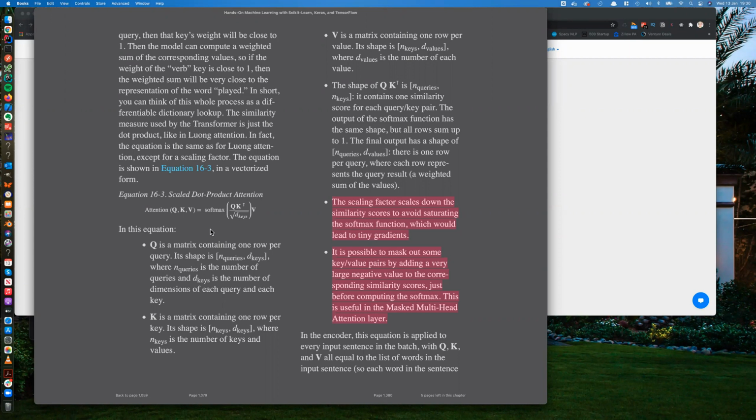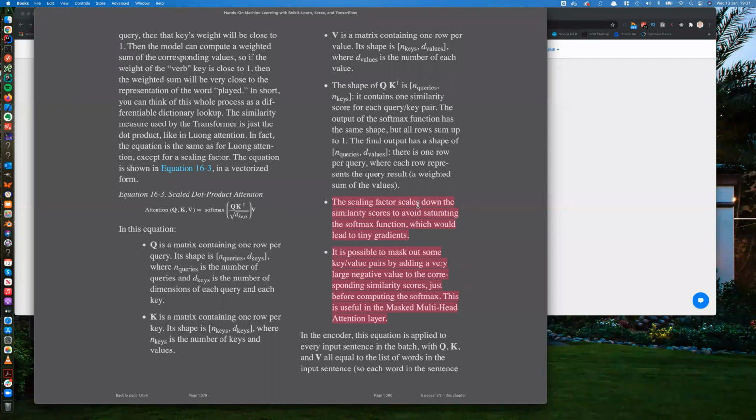Yeah. Yep. And the main reason they do this scaling is to do with the saturation of the softmax, in that some of these numbers may get a bit unwieldy. So you divide to scale it down a bit, to ensure the softmax is going to work reasonably well. Yeah, so this is what it says.